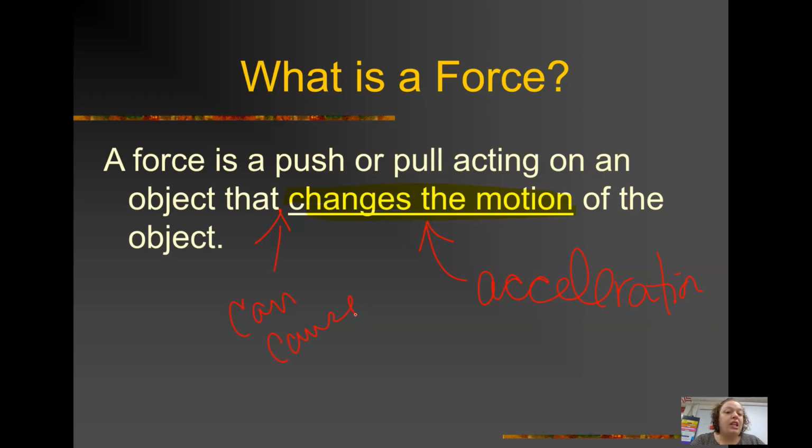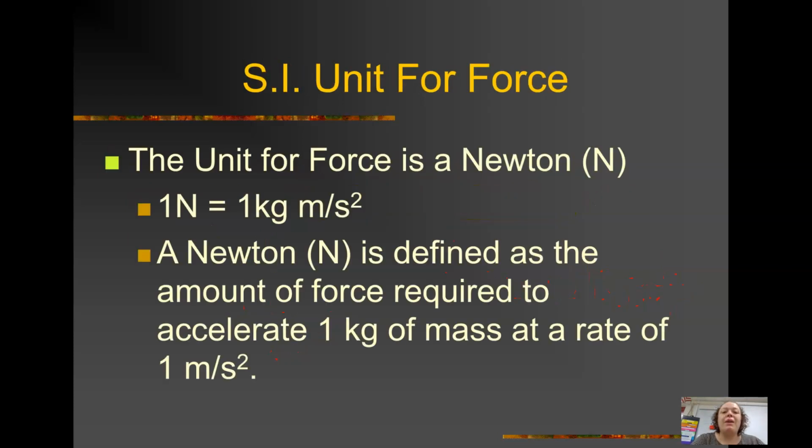Okay, that doesn't mean it does cause an acceleration, just that it can. Think about the fact that if you're leaning on a wall, you are pushing on it, but you're not necessarily causing a change in motion. So a force is a push or pull acting on an object that can change the motion, that can cause an acceleration. All right, basics for this one.